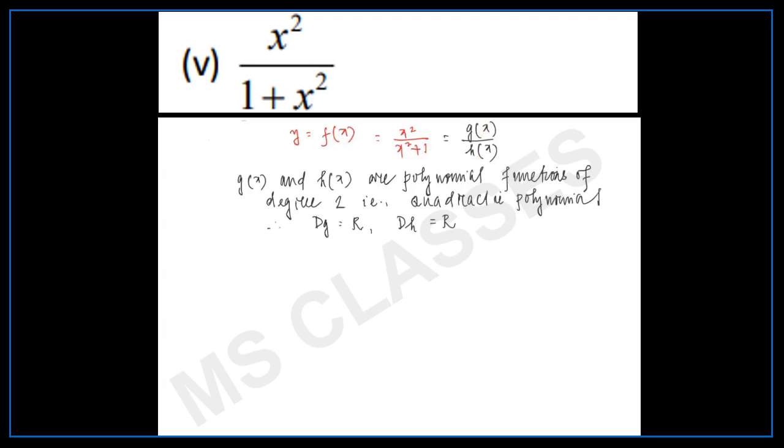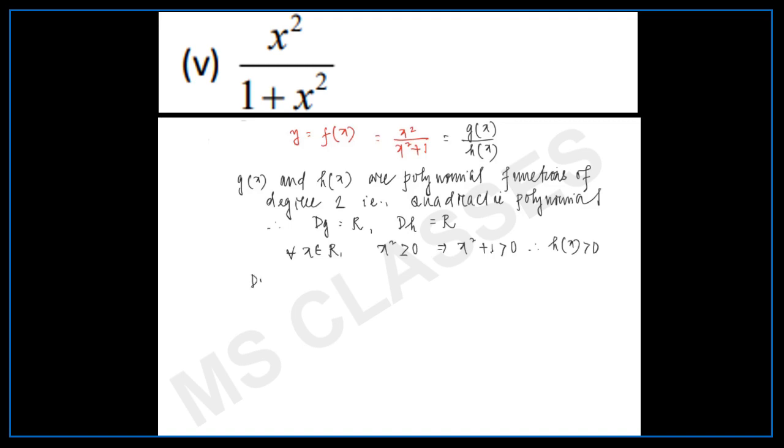Now here, for all x belongs to R, which we consider the domain of the function h(x), x² is greater than or equal to 0. This implies x² + 1 is greater than 0. Therefore, h(x) is greater than 0, so there is no question of x being equal to 0.